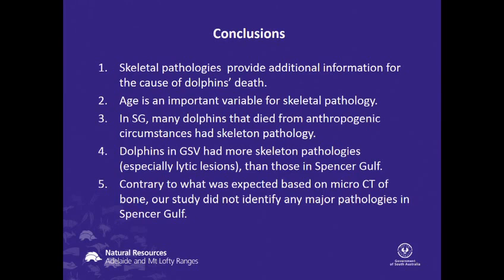And then dolphins in St. Vincent have more skeletal pathologies, especially lytic regions, than those in Spencer Gulf. And then contrary to what we expected, some effect on bone quality based on the micro CT, our study didn't identify any major growth pathologies in the Spencer Gulf.